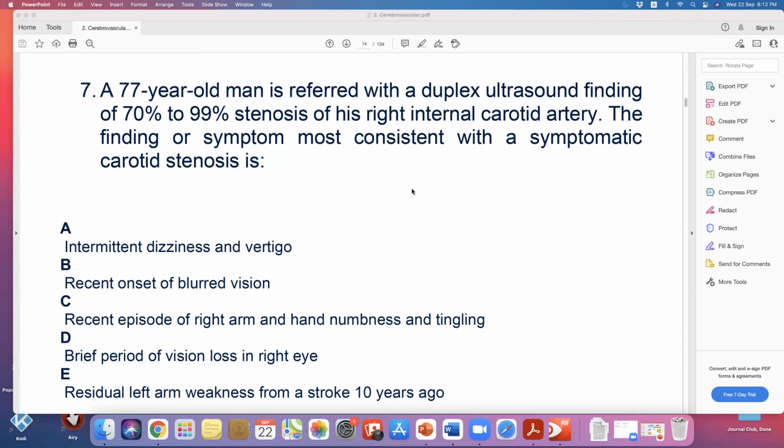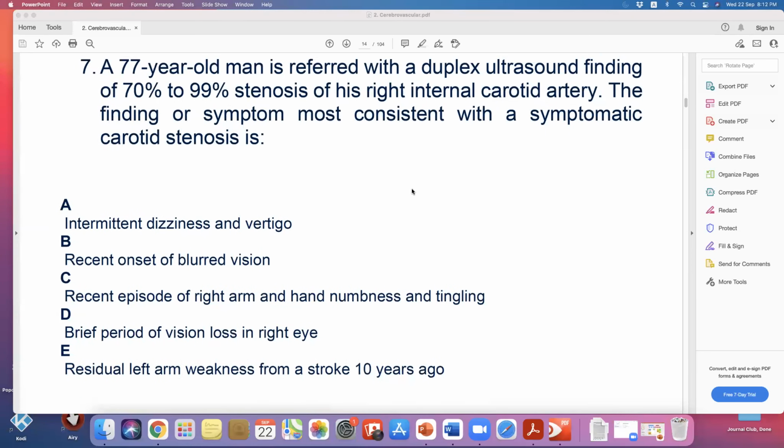Okay. Residual left arm weakness from a stroke 10 years ago. This is very important here because a lot of patients come to our clinic, okay? And he has, like this one, 90% stenosis of the right internal carotid artery. And he has an MRI which showed he has a stroke on the right side like 10 years ago.